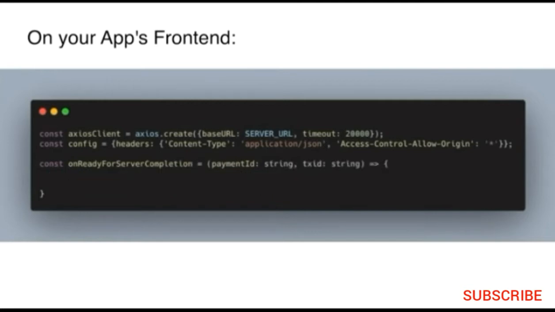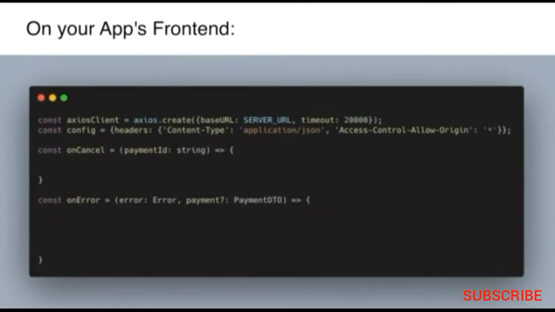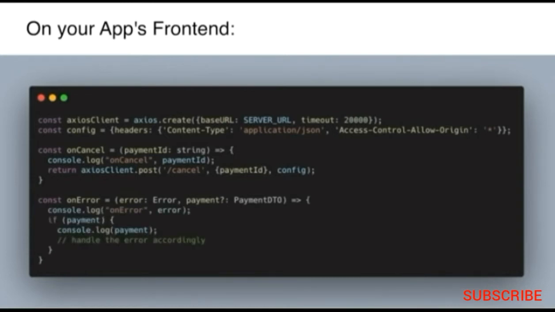Again, to complete the payment, you need to call your server to hit our endpoint. The last two functions are for your own usage. When the payment is cancelled, mark it as cancelled on your server as well. Also handle the error however you want.